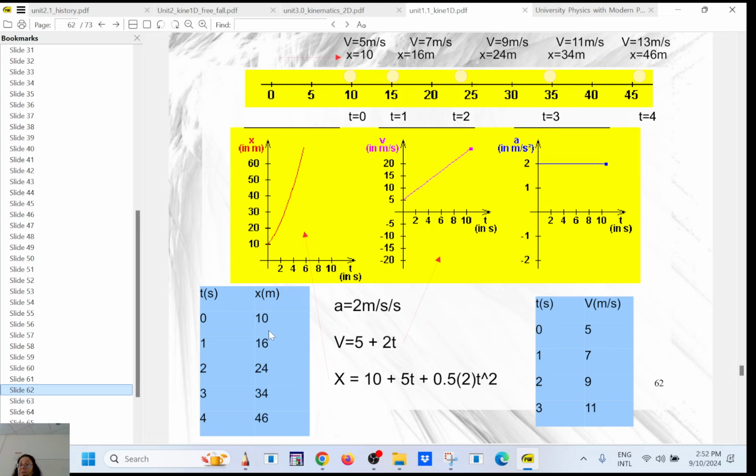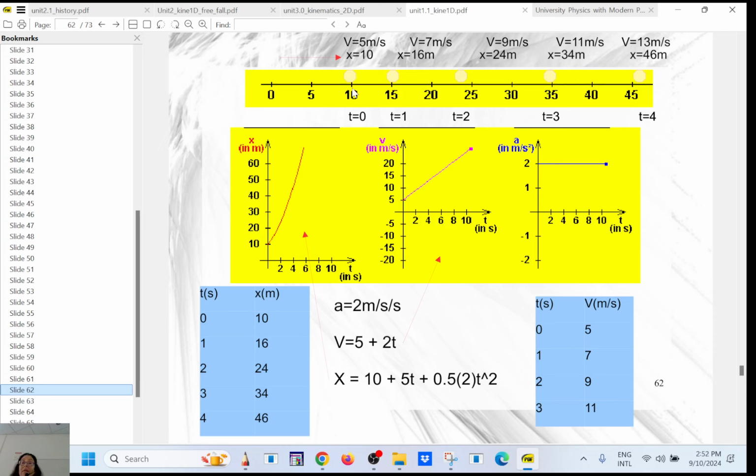Let's look at the position on the number line. First you are here and you move to there after 1 second, but you are moving faster. So every second you are covering more distance, more distance, more distance, and you get a ticket because you're going too fast. Okay? So you look at the position versus time and you're going to get a parabola.